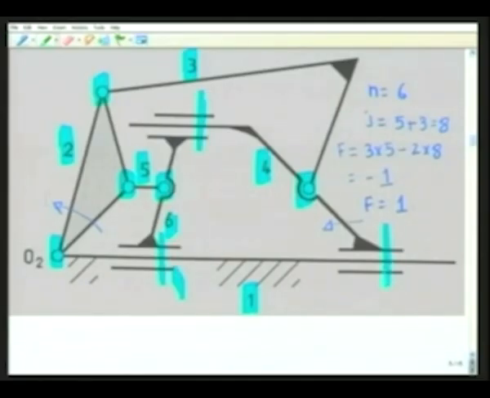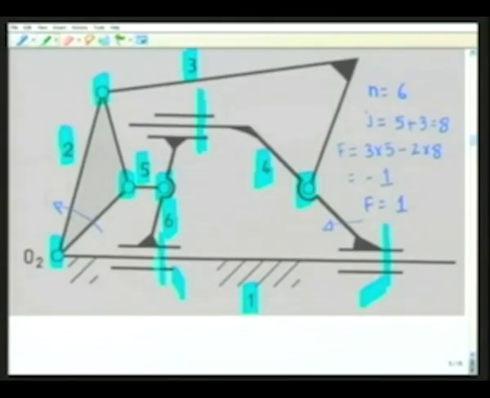This prismatic pair here is allowing relative translation in the horizontal direction between link number 1 and link number 4. So this prismatic pair, which is there to ensure horizontal translation between link 4 and link 6, may be redundant.